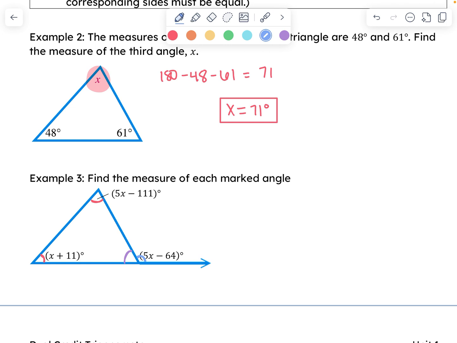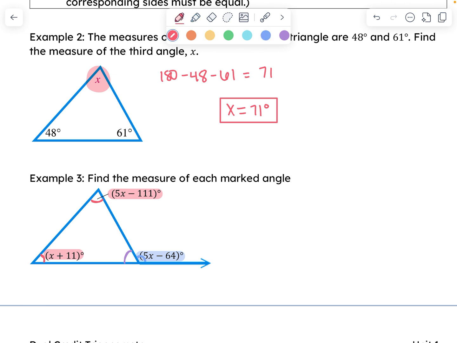So if the two pink ones plus the purple one is 180, and the purple plus the blue one is 180, then I can make the two pink ones, when I add them together, equal to the blue one, because of those relationships both equaling 180, the angles in the triangle and the supplementary angles.